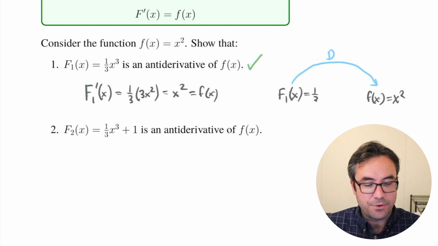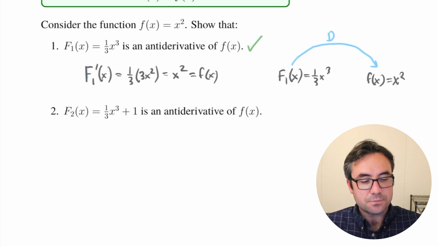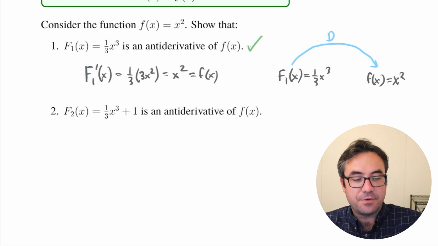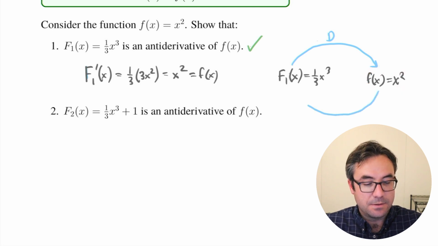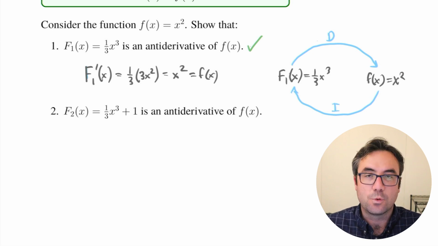And we have our 1/3 x cubed. And so if we were to start with x squared, the antiderivative of that is going to be 1/3 x cubed, or the indefinite integral, we're going to call it.